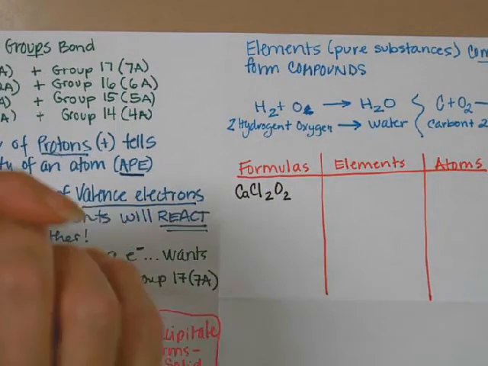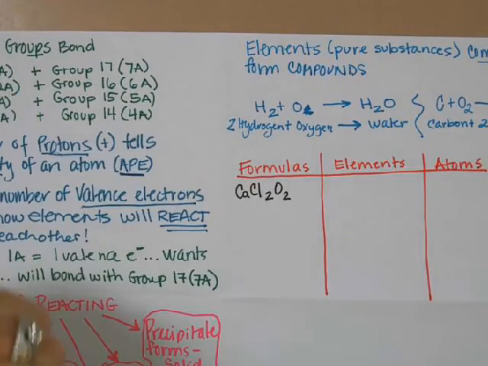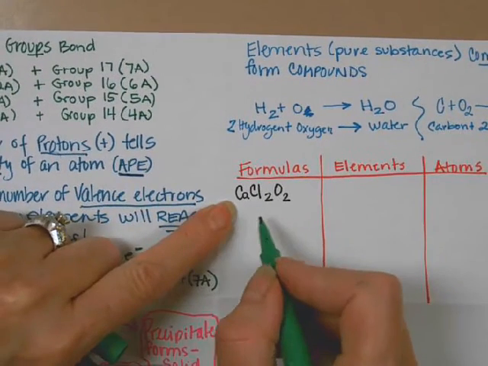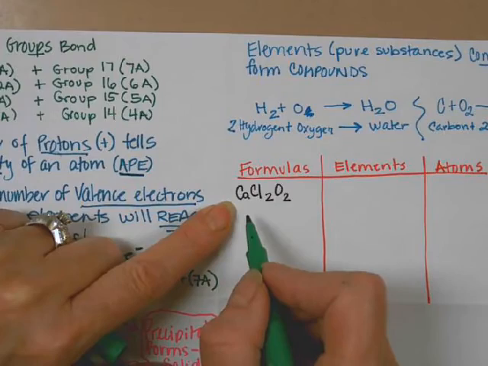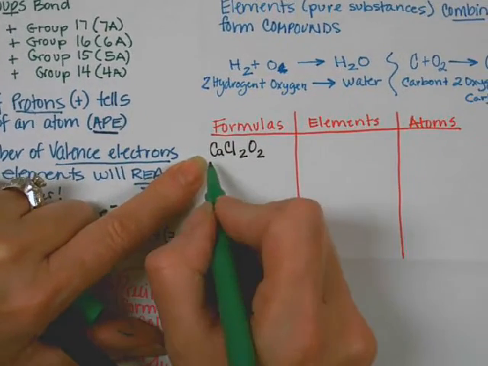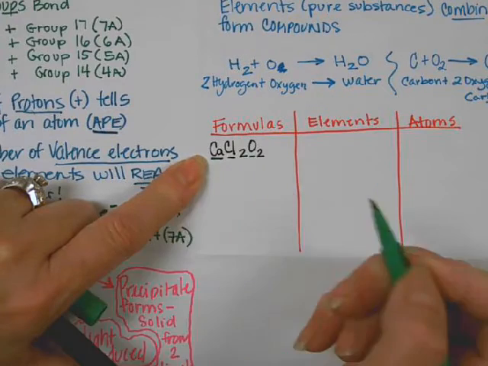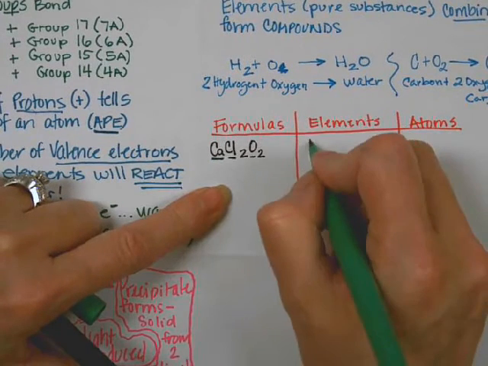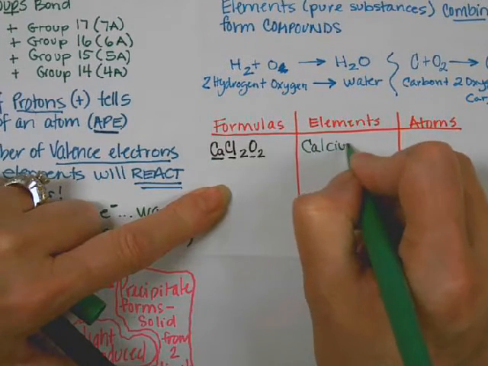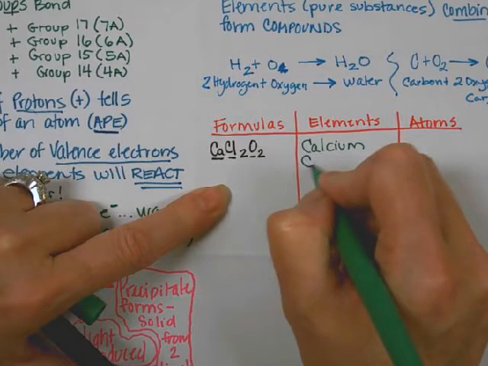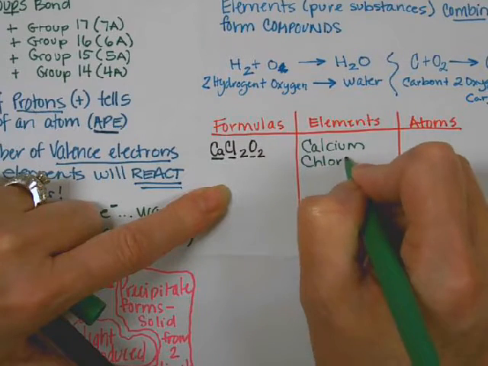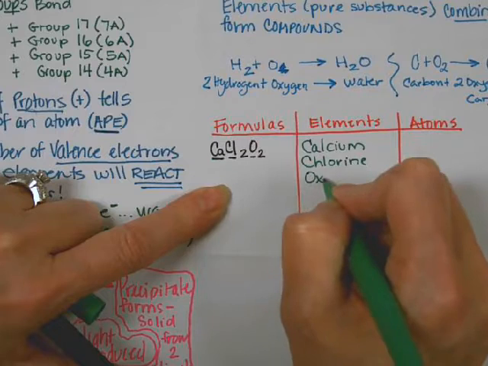Well, if we look at this, we can see that, remember, every capital letter starts a new element. So we can see that we have Ca, Cl, and O. So the elements present are calcium, chlorine, and oxygen.